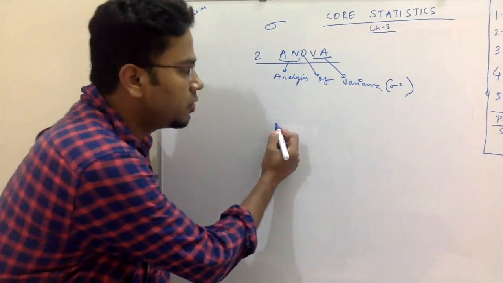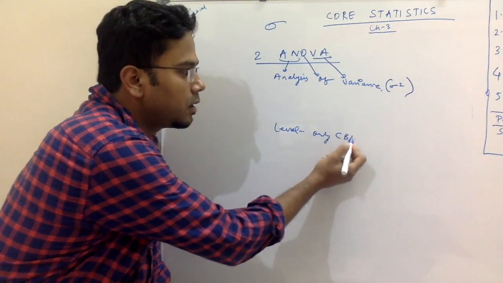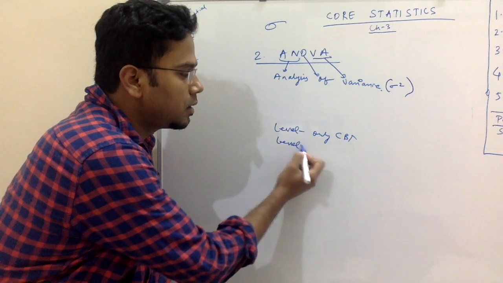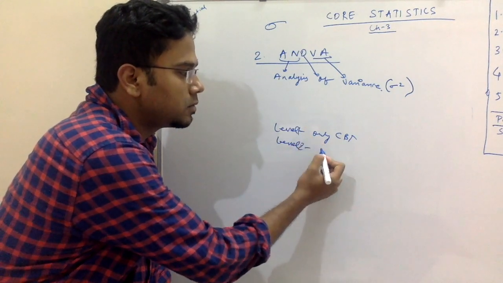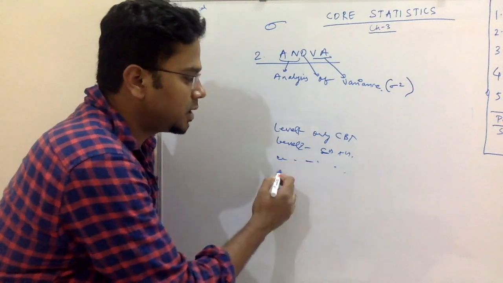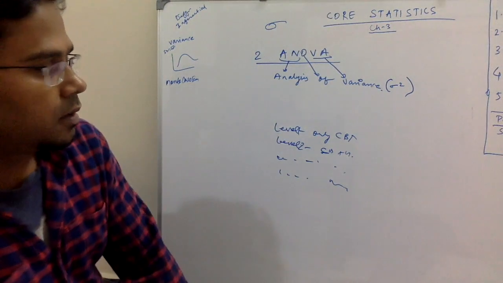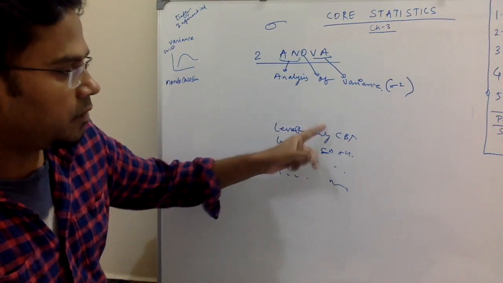Level one would be only CBT. Level two would be CBT plus yoga meditation. Level three can be only yoga meditation. Level four can be nothing, no therapy given. So these are all independent variables.